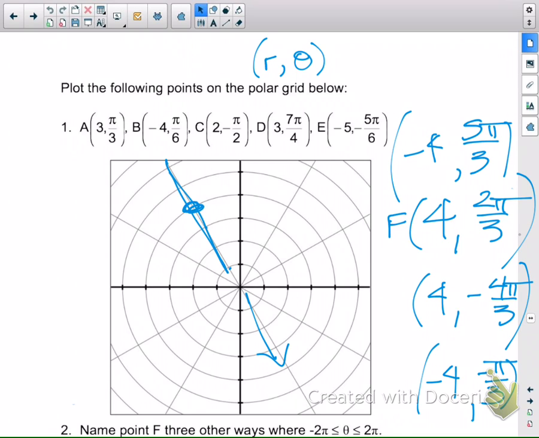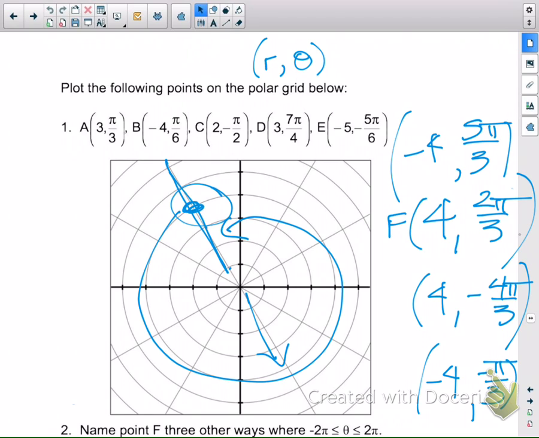What's the difference between 2 and 3? It says name point F 2 other ways where the angle is between 2 pi and 4 pi. That just means another full rotation. So if this was 2 pi over 3 right here, and I go another full rotation, what does it become? 8 pi over 3.